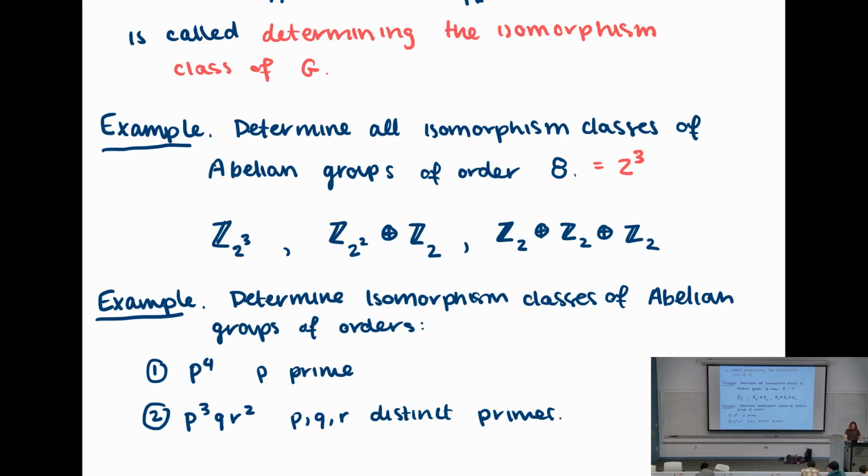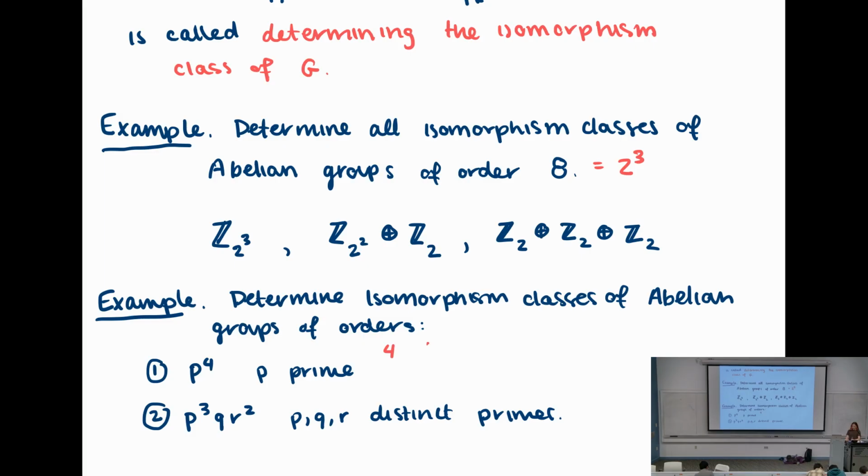Okay, so as you were doing this example, this first one, you probably noticed that the isomorphism classes of abelian groups will correspond to ways of writing 4 as a sum of smaller numbers, right?